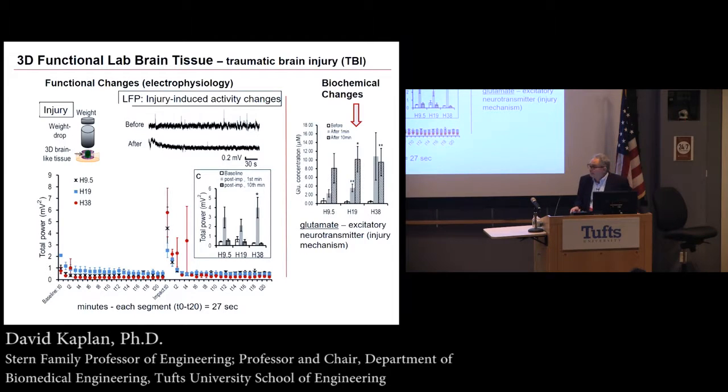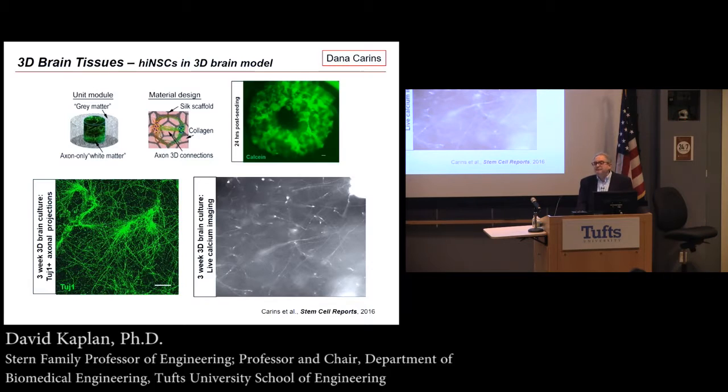And then also we can monitor the biochemical changes over here, and one of the best indicators or markers is glutamate production. And we see glutamate secretion from the damaged tissue, and again, the level we see depends on the degree of damage and so on, and that's something we continue to look at. So you know, the system seems to be functional, at least at this early stage.